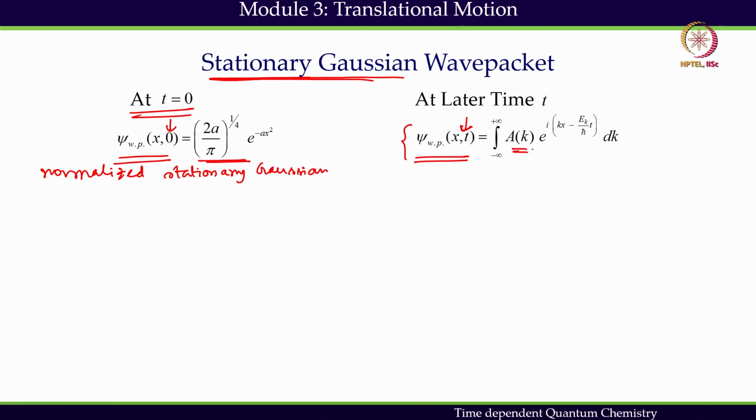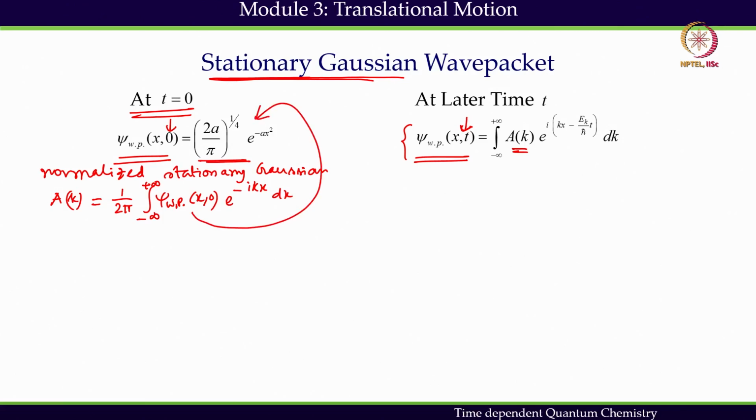So, for that I need to know A k, and we have seen that A k can be calculated from this: A k equals 1 by 2 pi, integral from minus infinity to plus infinity of psi x 0 e to the power minus i k x dx, where this initial wave packet is given by this.